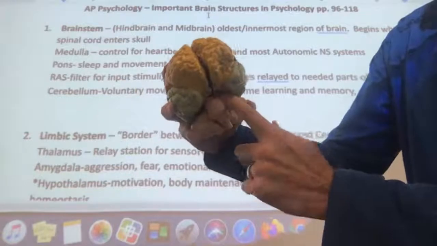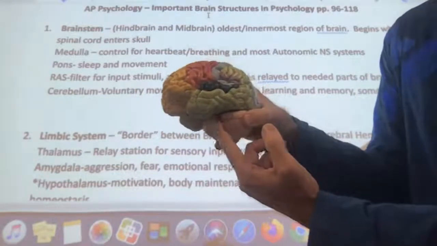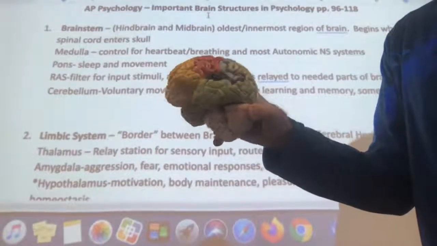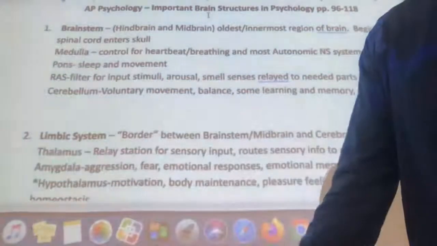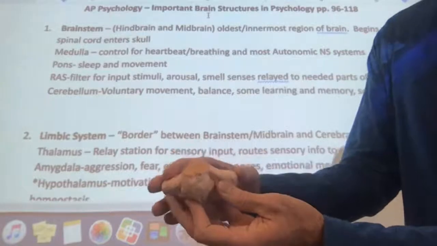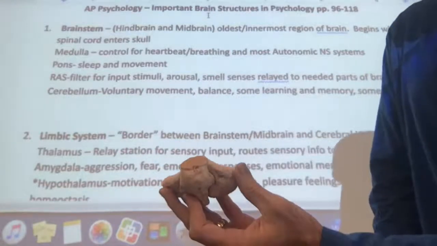Then you have the pons, which is right here, which deals with sleep, which we'll talk about in states of consciousness next unit, and movement. Then if I pull this off, right at the top here is my midbrain, and that is my reticular formation or reticular activating system.